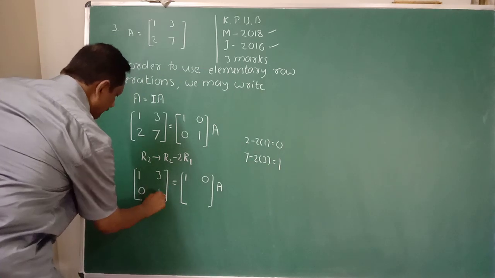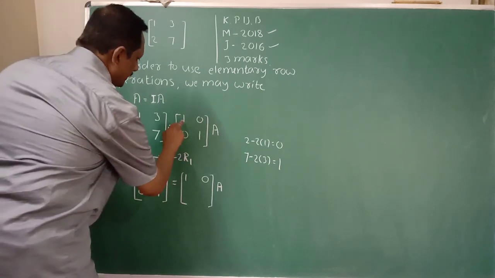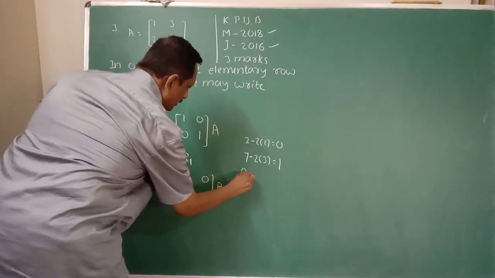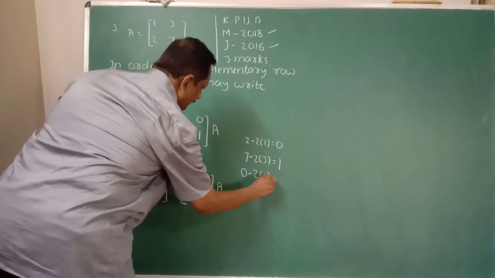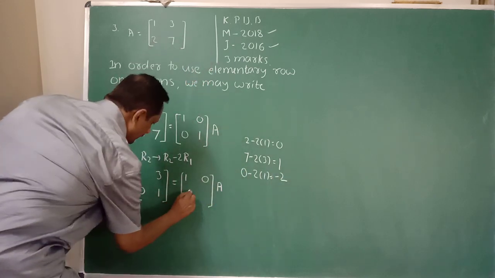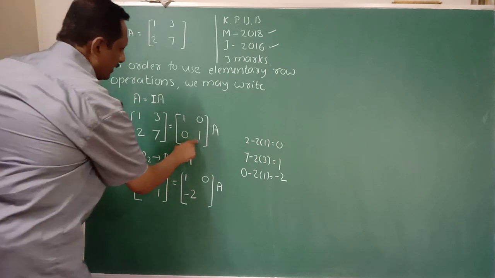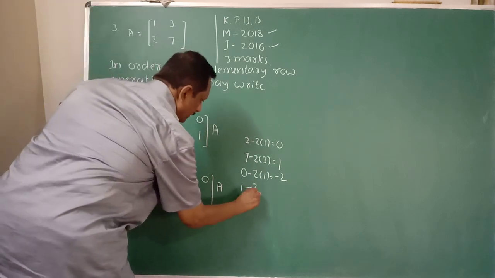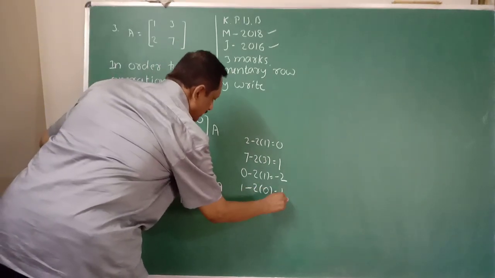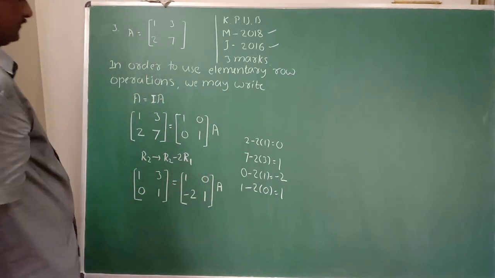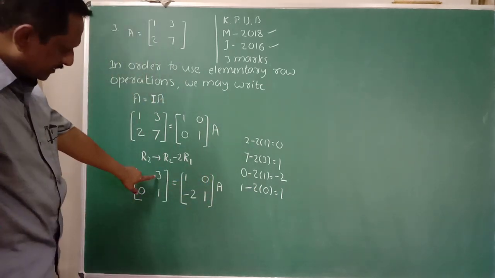So right here 1. Then 0 minus 2 into 1 is minus 2. So right here minus 2. 1 minus 2 into 0 is 1. So right here 1.